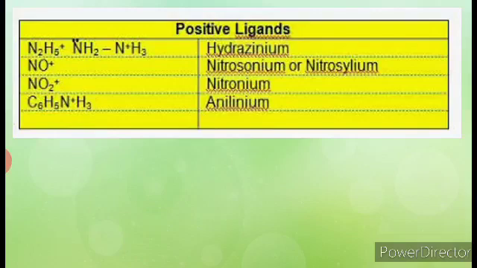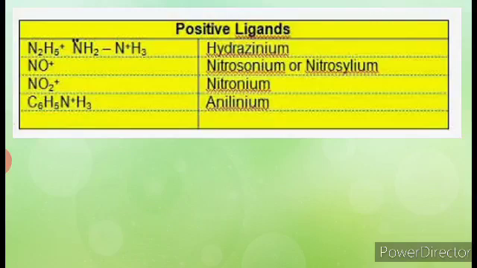The formula is N2H5+, with 1 positive charge. The condensed formula is NH2-NH3. NH2 has 1 lone pair of electrons and NH3 has 1 positive charge on nitrogen. So this is the hydrazinium ion, which works as a monodentate cationic ligand.